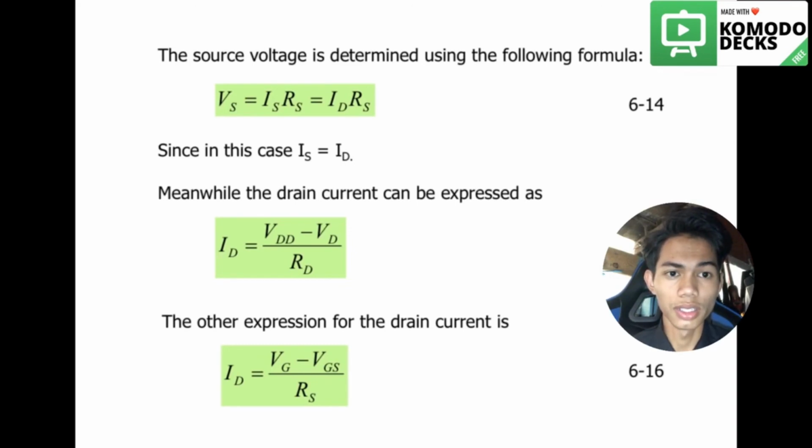Since in this case IS equal to ID, the drain current can be expressed as this formula, and the other expression for the drain current is this formula.